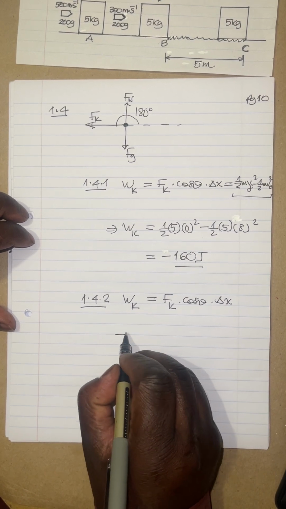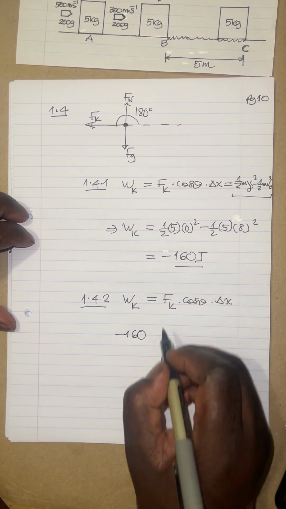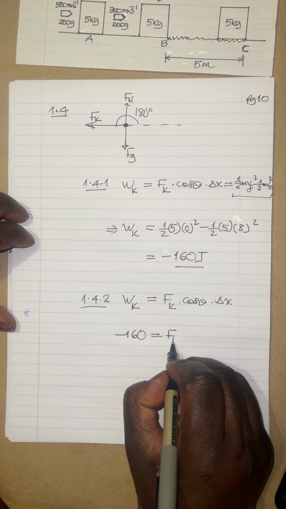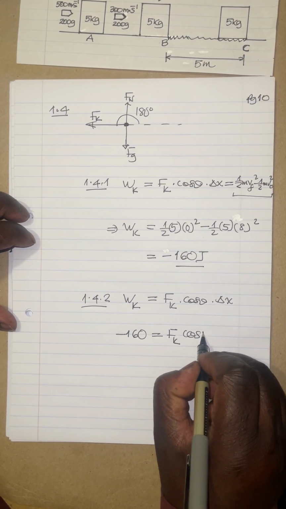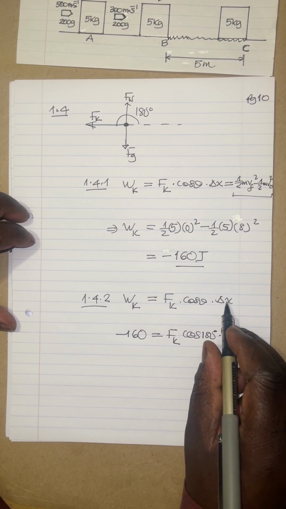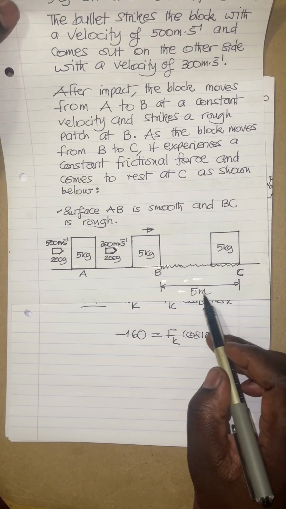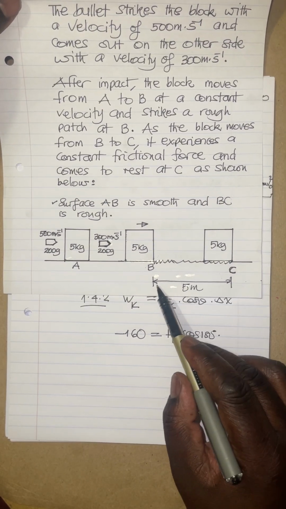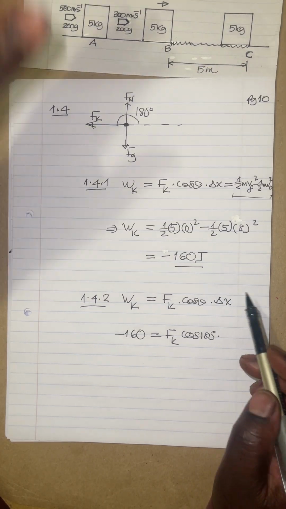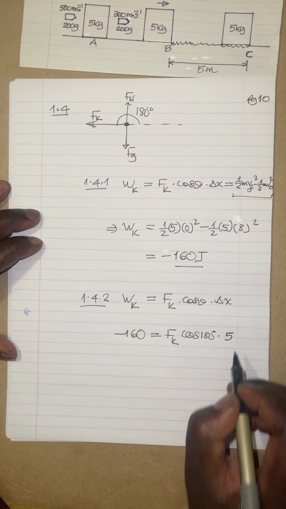This one here, minus 160, we calculated it up there, equals, we don't know frictional force, cosine of, we know the angle is 180 degrees, times delta x. Well, it covers a distance here shown of 5 meters. You can see the rough patch is a distance of 5 meters. So that's going to be times 5.